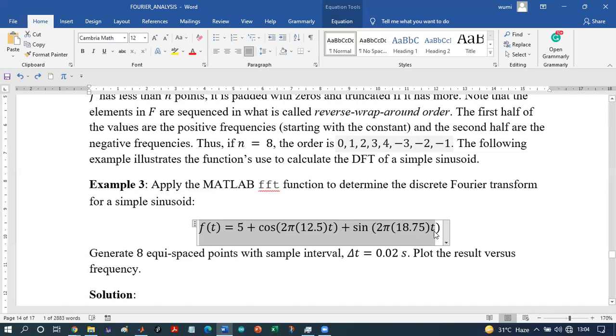From your calculation, what's F0? F0 is 6. Thank you. What's F1? 6.041. What's F2? Can you confirm this? Your calculator should be in radians.